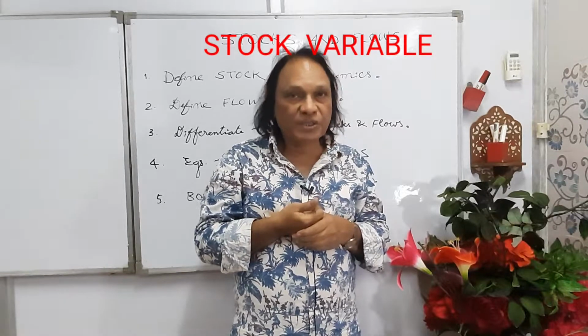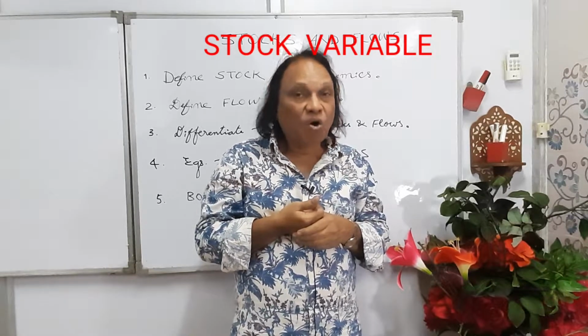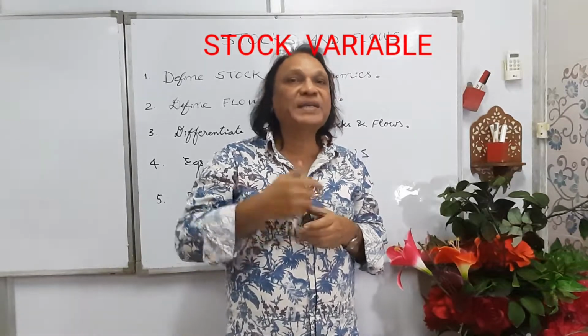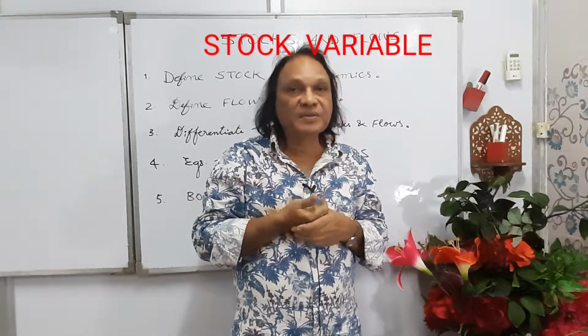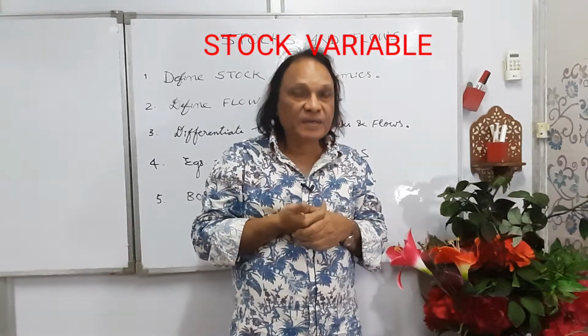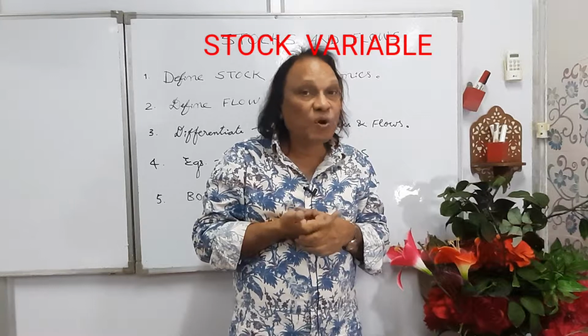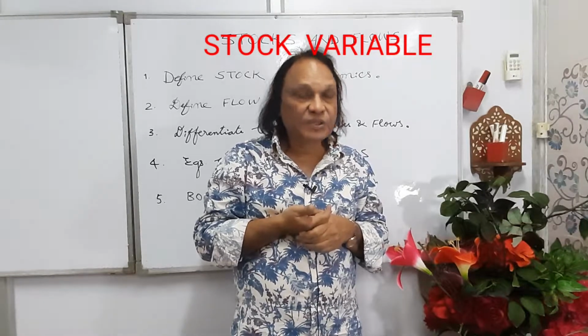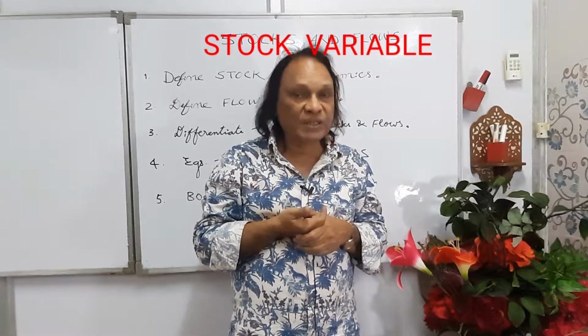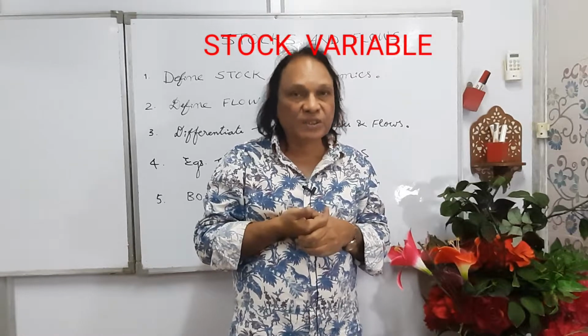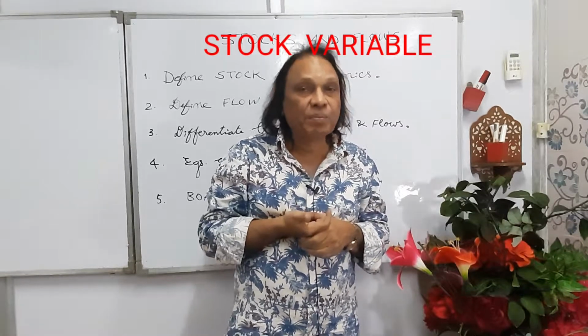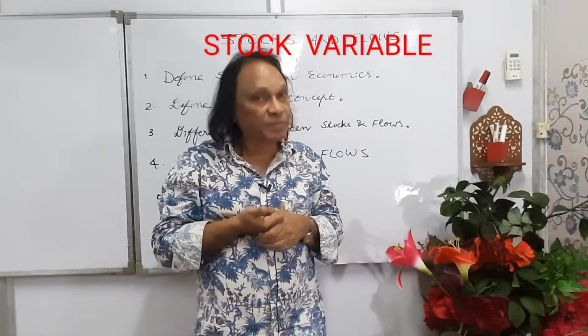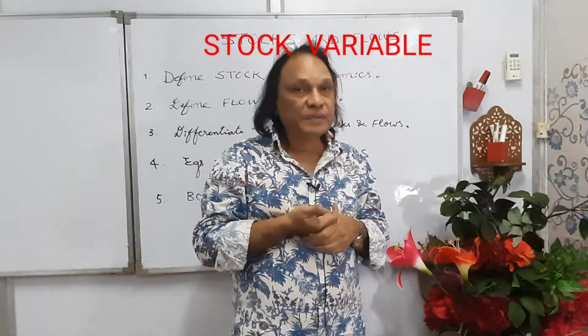That is stock concept. Or how much water is there in the reservoir or in the water tank today, or maybe at 4 o'clock in the evening. That is stock concept. So stock is a quantity measured at a particular point of time.